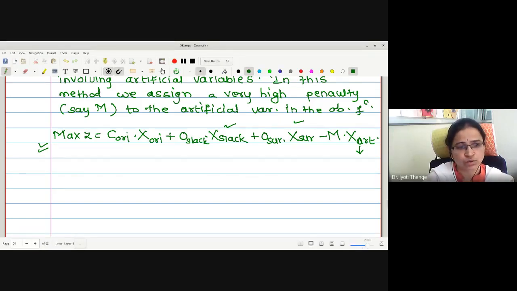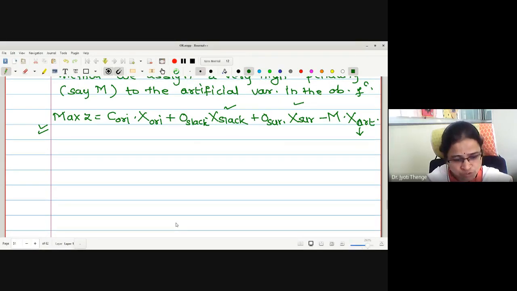Okay. Now let us go to the iterative process. The iterative procedure of the algorithm is as below.